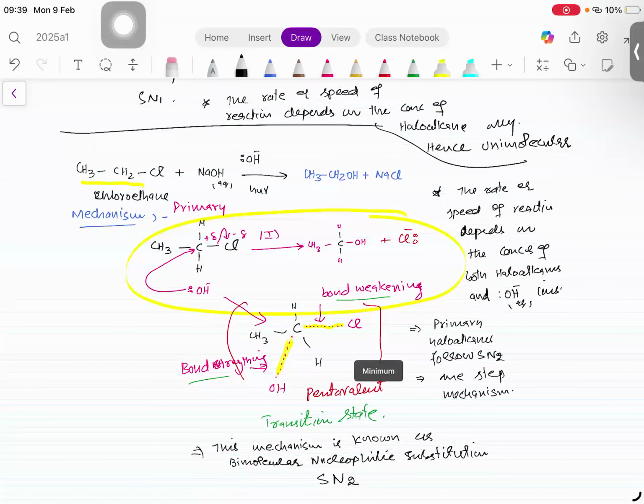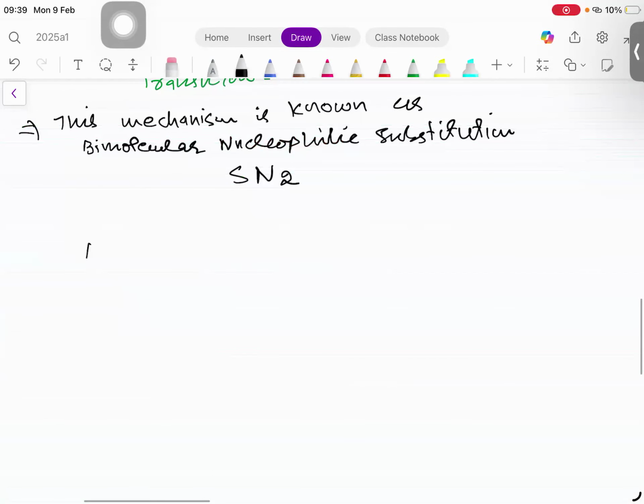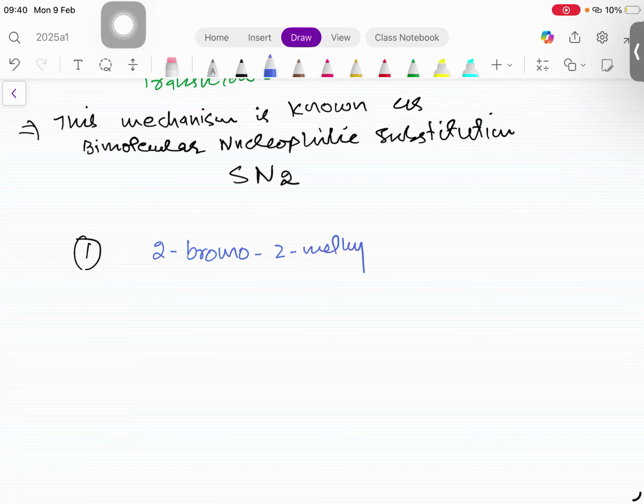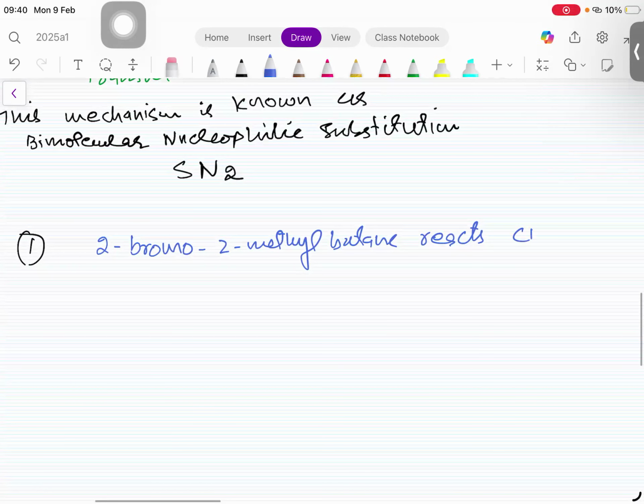So example number 1 is 2-bromo-2-methylbutane reacts with SN negative.